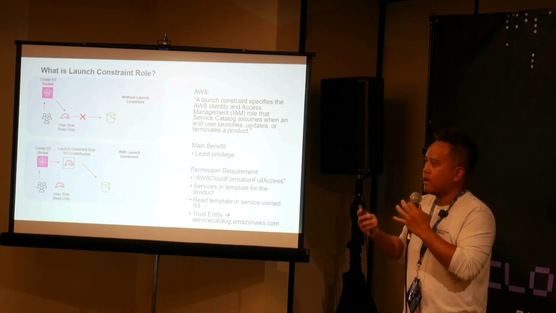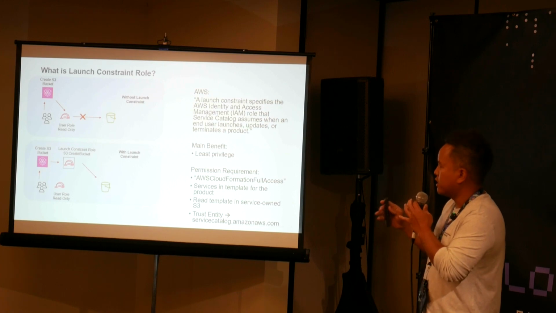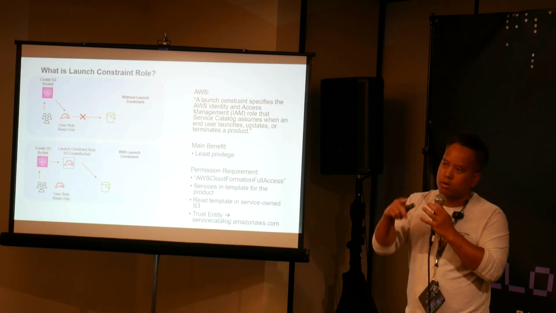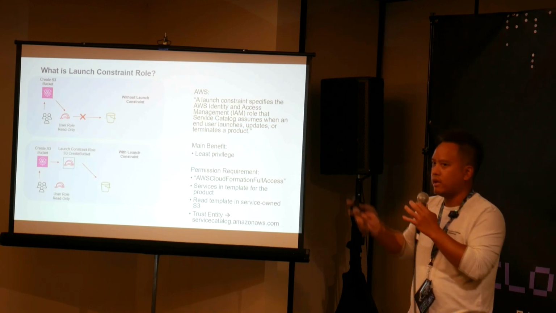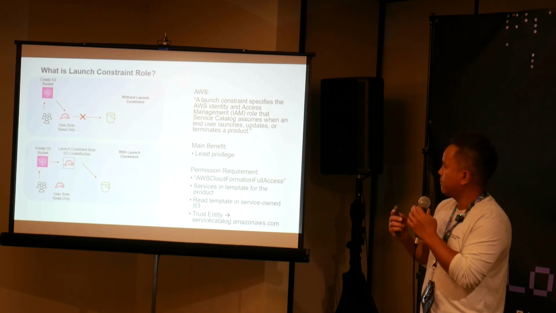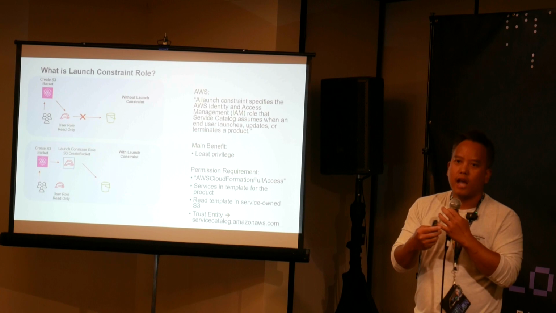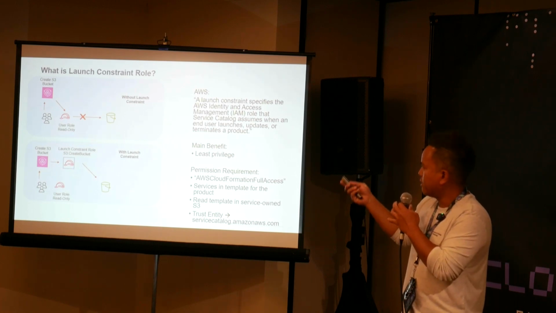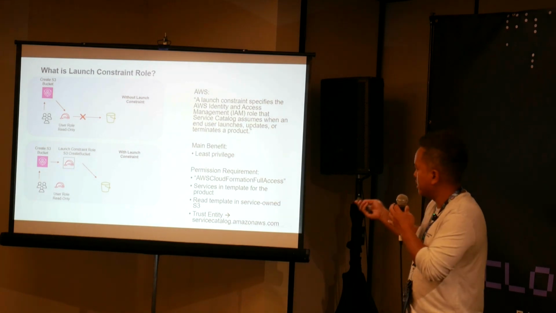However, if you have a launch constraint, you can define in the launch constraint role, hey, this role is allowed to create an S3 bucket. When the user provisions through Service Catalog, they use the launch constraint role to provision the resource.